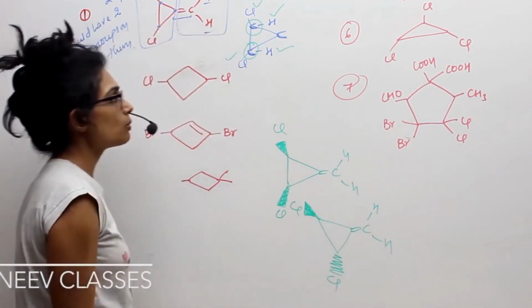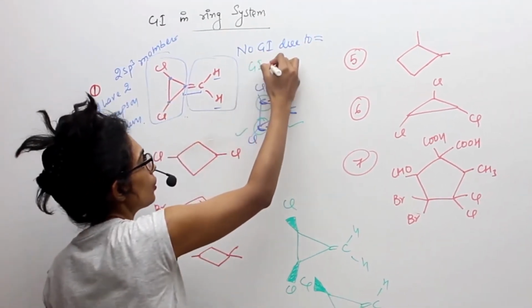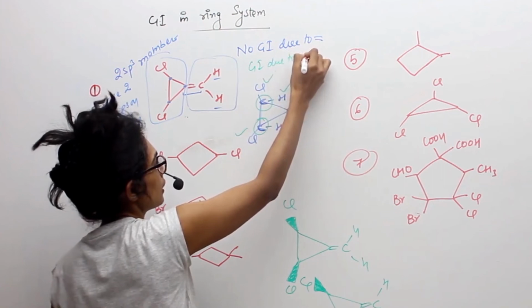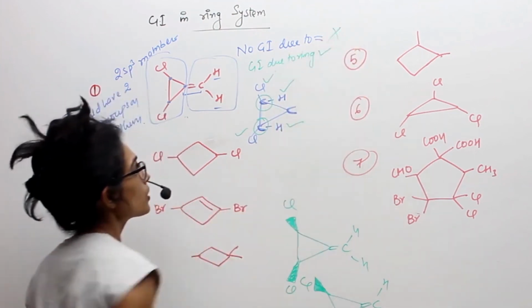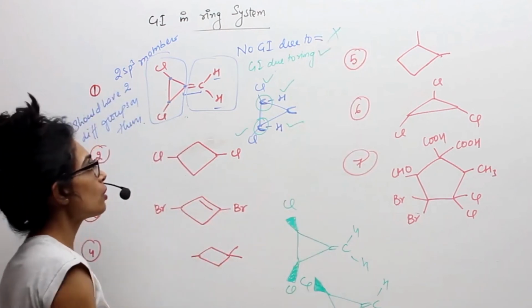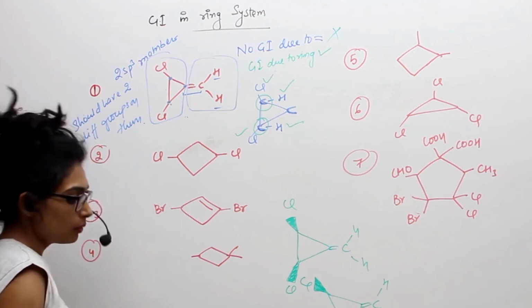So these will be two isomers formed by this molecule. GI due to ring, yes. GI due to double bond, no. Stereo center, only one. Which is the stereo center over here? The ring system.